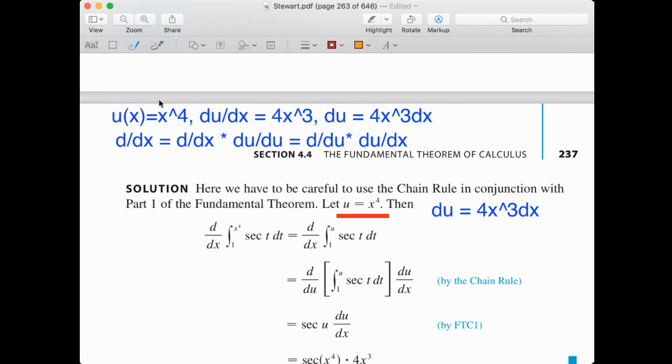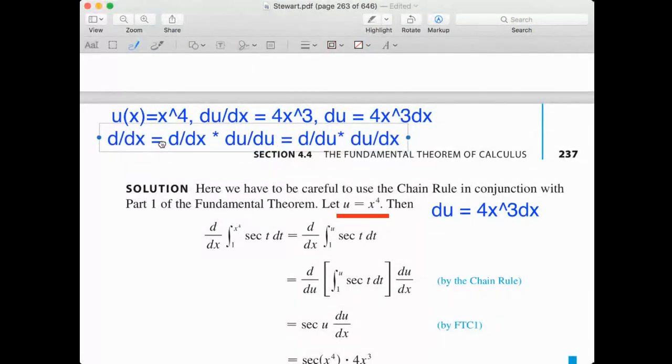So one way, we use u to substitute the x term. Another way, we also want to rewrite the d/dx term. So we multiply d/dx by 1, then we rearrange the order, and we write d/du multiplied by du/dx.